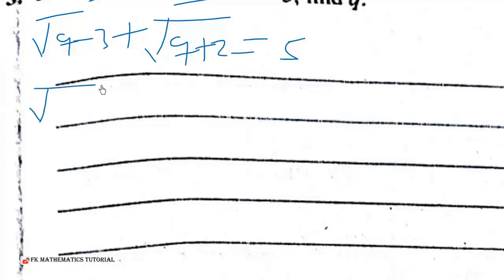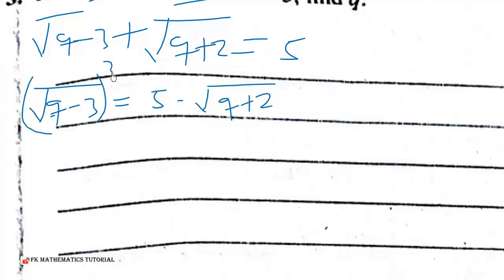So I can send one of the sets. So square root of q minus 3 equals 5 minus square root of q plus 3 plus 2, for easy evaluation. So I can square both sides. Squaring both sides, we're going to get this will get rid of this.